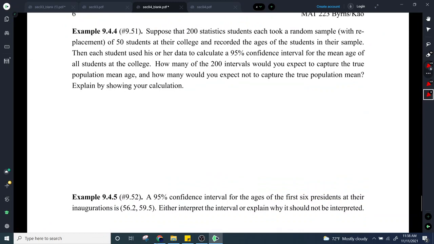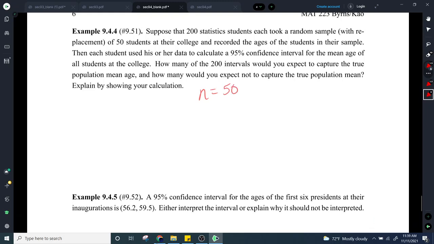All right, let's try this one. Suppose that 200 statistics students each took a random sample of 50 students at their college and recorded the ages of the students in their sample. Let's write a few things down before we get too into the problem. Our sample size, n equals 50.